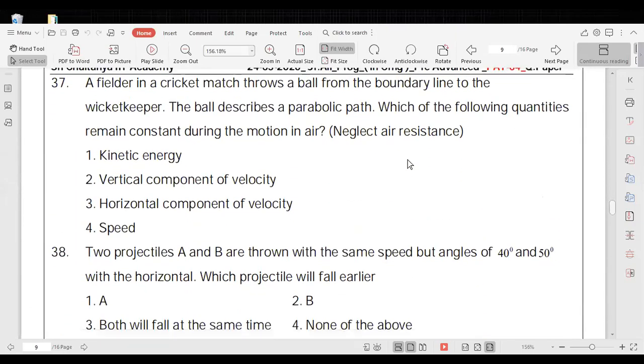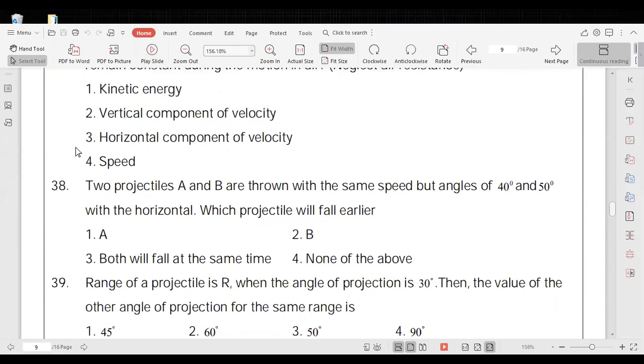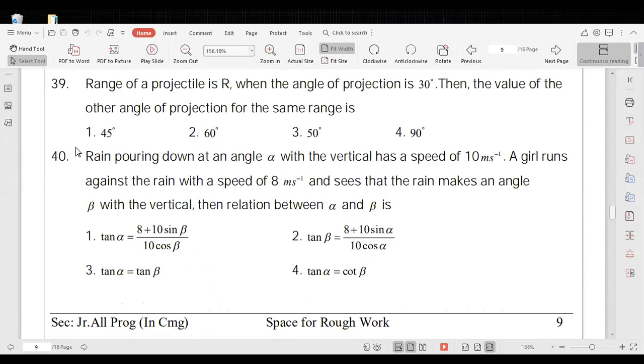You see 37, 38. In 37, 38, do you need any problem? Okay, next. You see 39, 40.